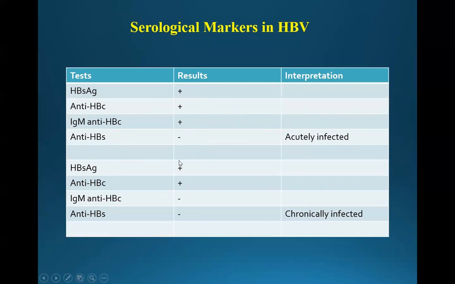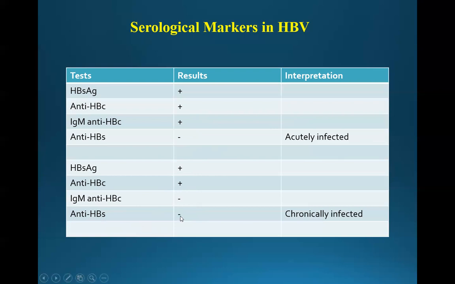Okay, let's do the last one. The surface antigen is positive, the core antibody is positive, the IgM to the core is negative. So that means the fractionation result is where now? It's the IgG, excellent. The IgG is positive, and the surface antibody, lo and behold, is negative.